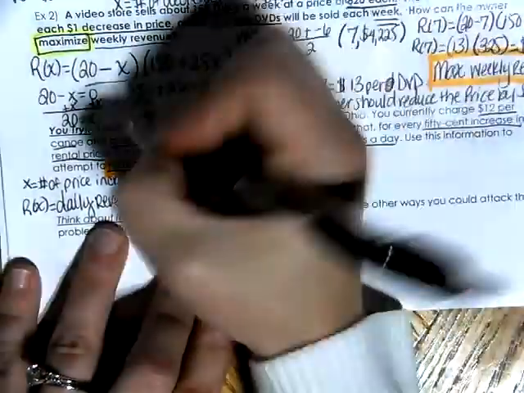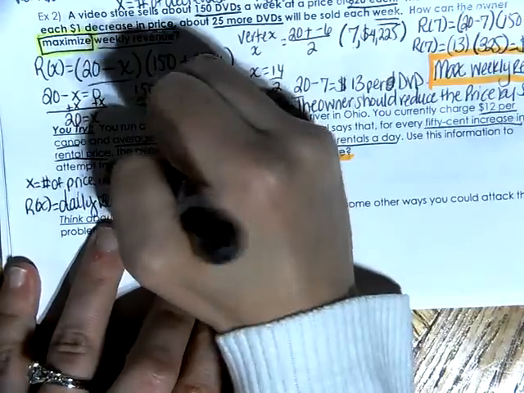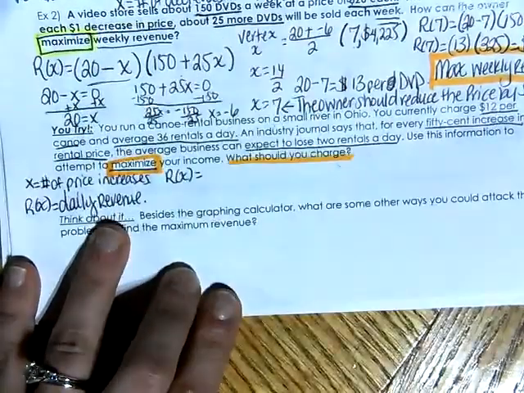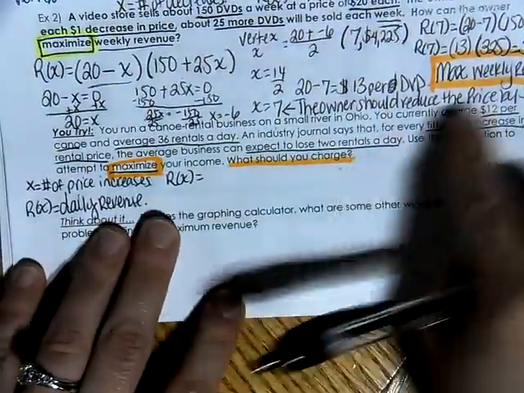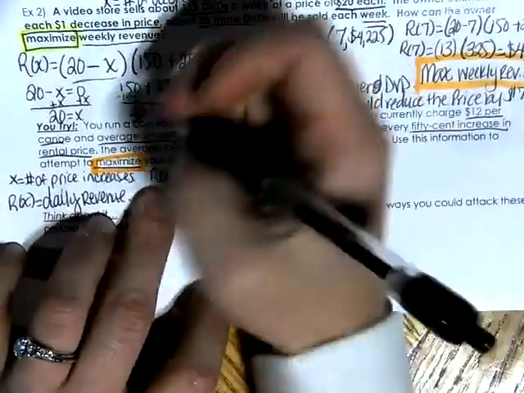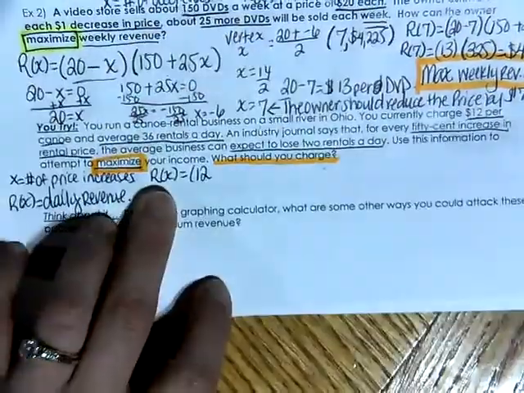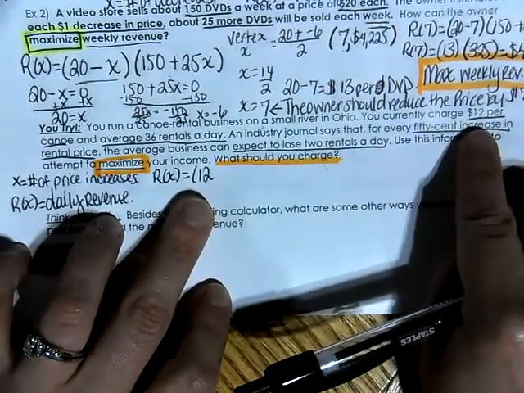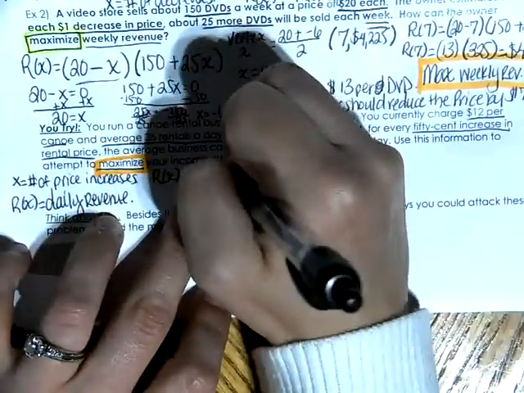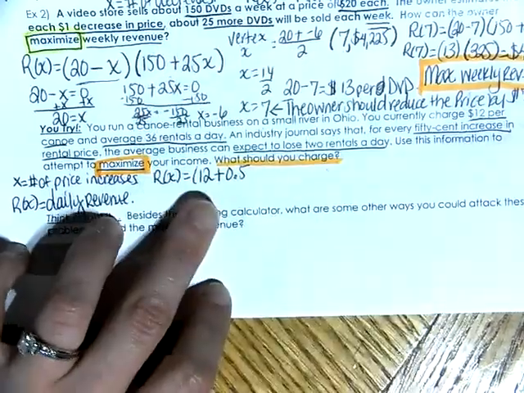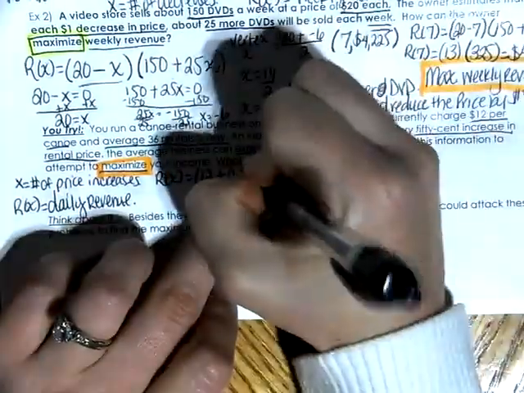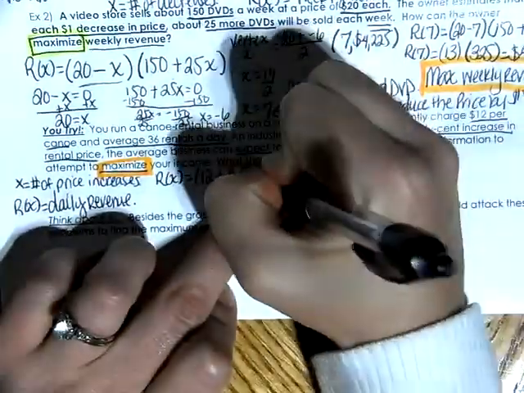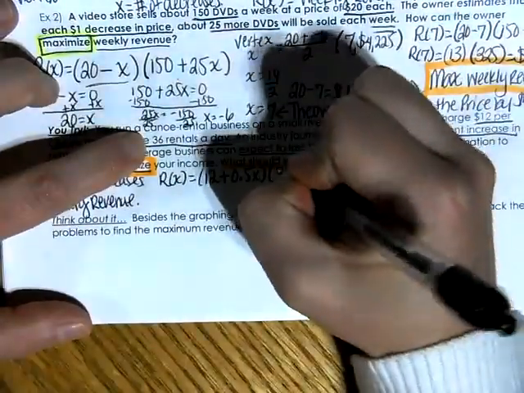Okay, now let's go ahead and write our equation, starting with price. So it looks like we start off by charging people $12, and the price is going to increase by 50 cents for every 50-cent increase. So I'm going to write 0.5x each time, times, I start off with 36 rentals a day.